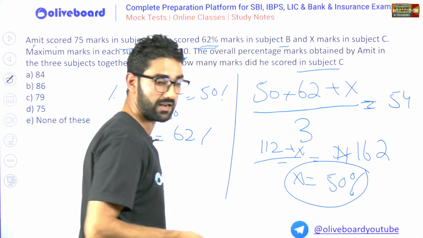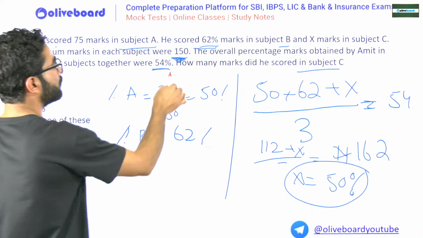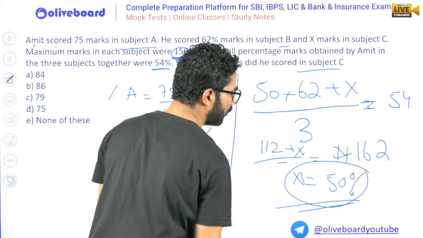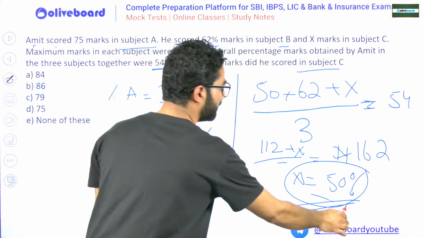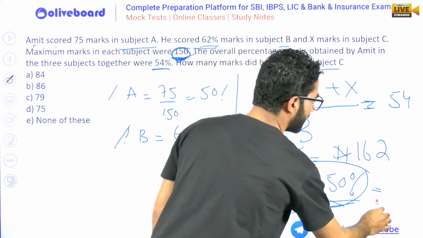So the percentage obtained in C is 50 percentile. But we have to calculate the exact marks. The total marks are 150, so the 50 percentile of 150 will be 75. So the exact marks are 75.